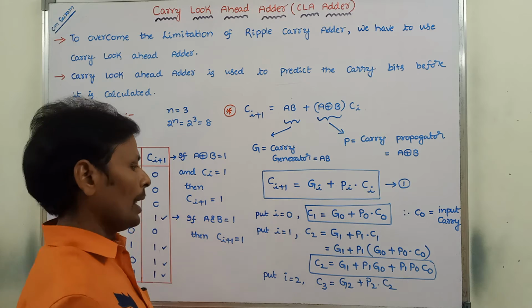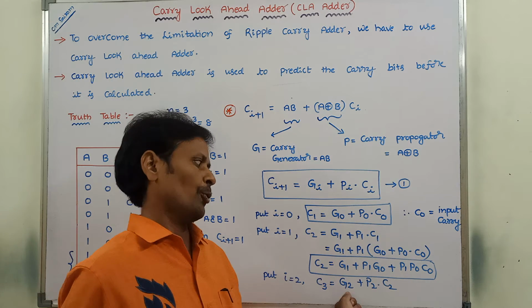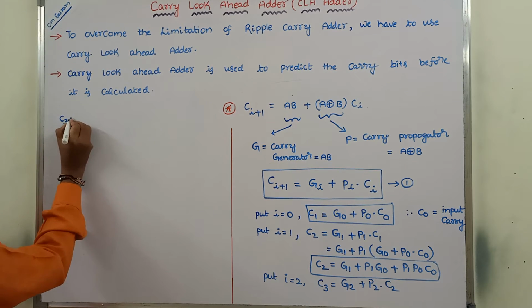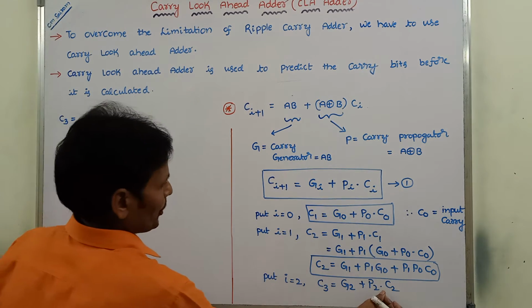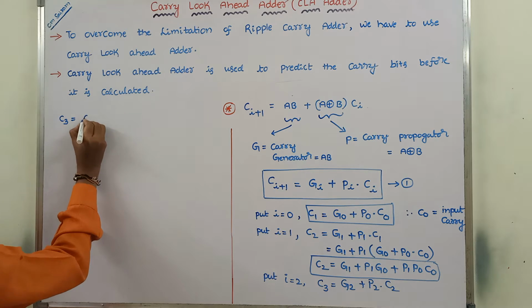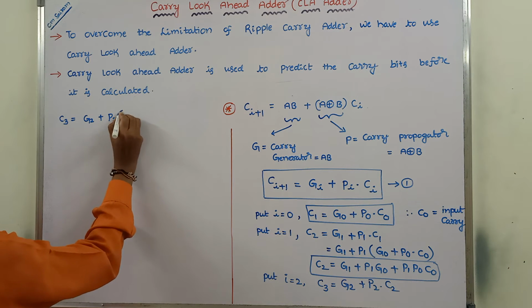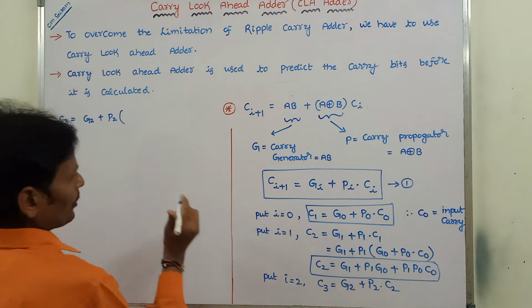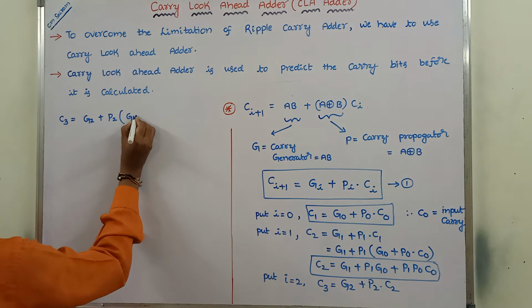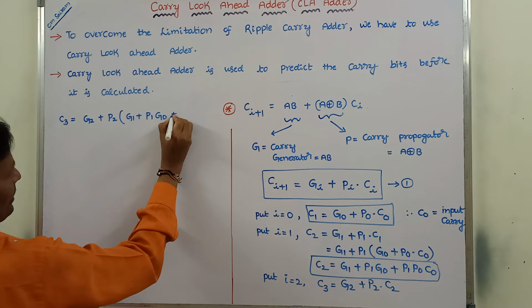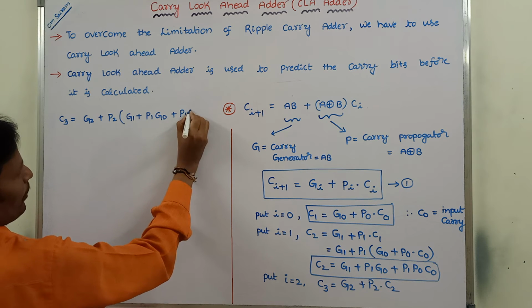Now, substituting the C2 value here, we get G2 plus P2 into G1 plus P1 G0 plus P1 P0 C0.